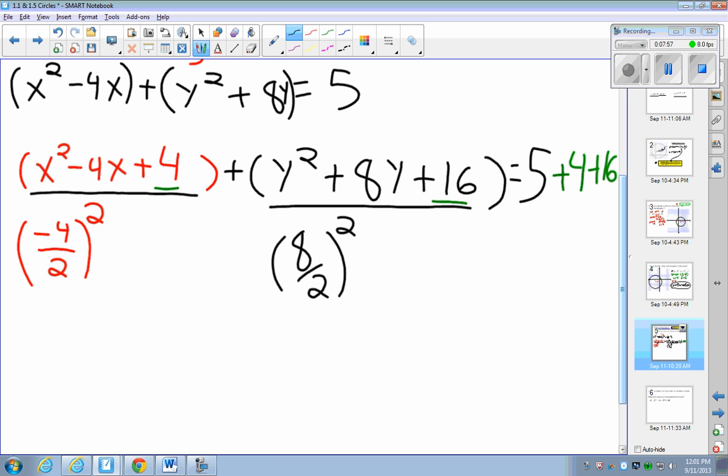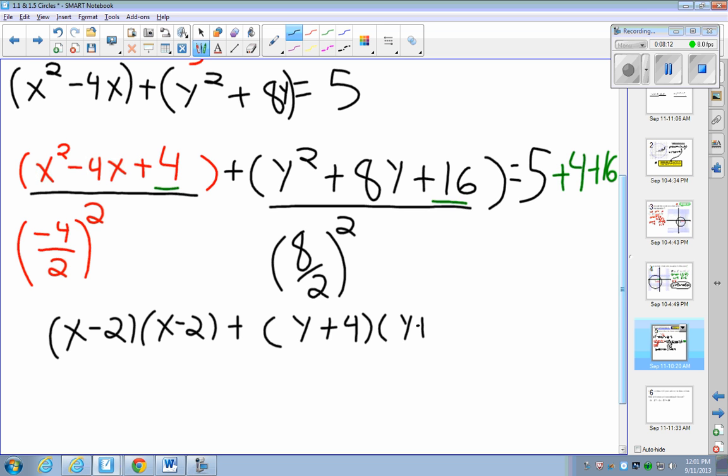And when we factor, we're going to end up getting x minus 2 times x minus 2 plus y plus 4 times y plus 4. That's going to be equal to 25, which is 5 plus 4 plus 16.